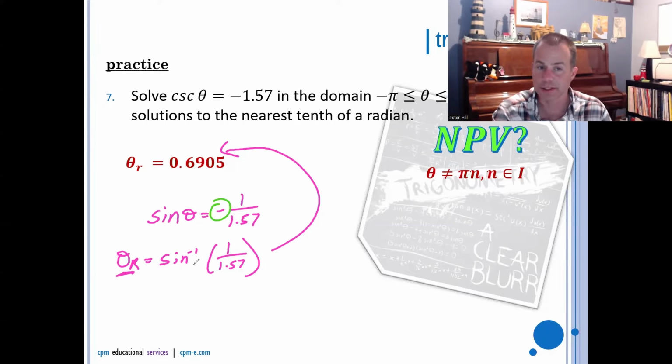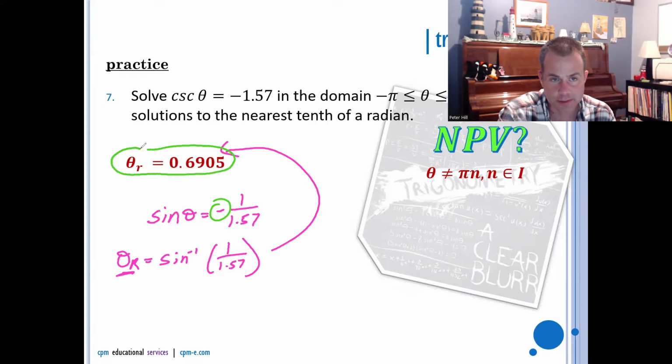Okay, always do the positive, and then you'll always get the reference angle. Once I've established what my reference angle is, take note, I did not round to the nearest tenth of a radian right now because that is not a final answer. I don't want to run into a rounding error by rounding too soon. So that's why I have 4 decimal places there.